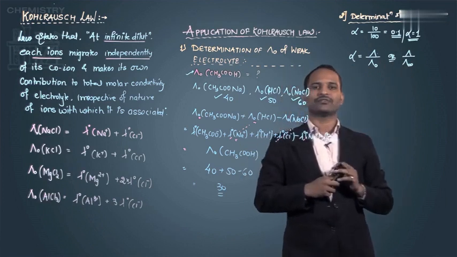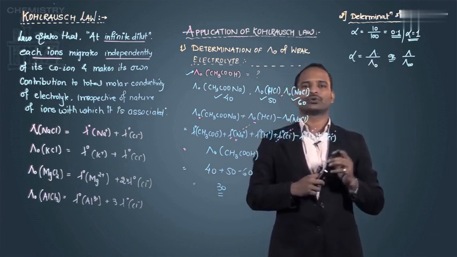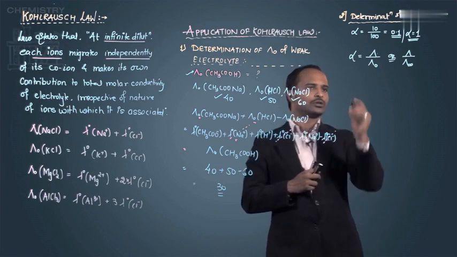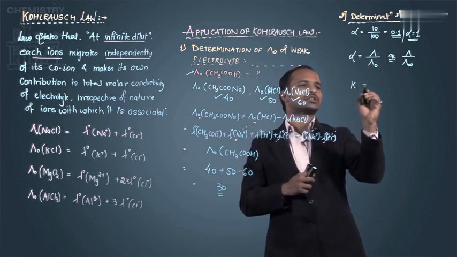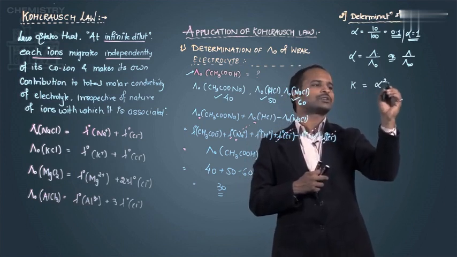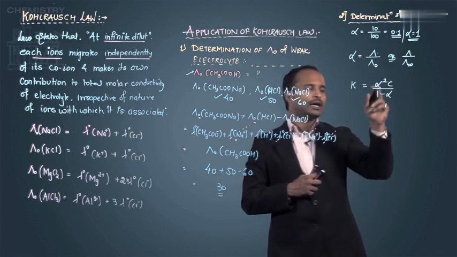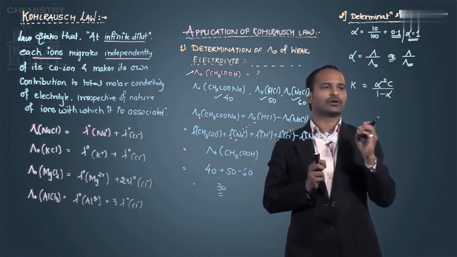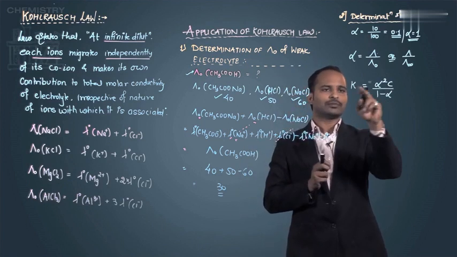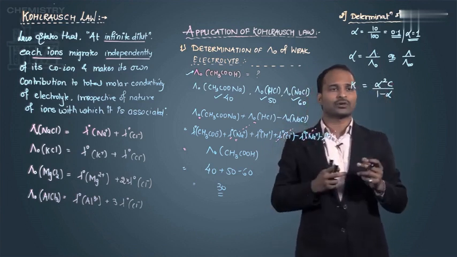Then K, which is called the equilibrium constant. Here I also want to know the value of the equilibrium constant. Generally, if 2 ions are produced, then the K formula is alpha square C upon 1 minus alpha. Generally we use this formula. For getting the value of K, I require alpha, and C stands for the molar concentration.